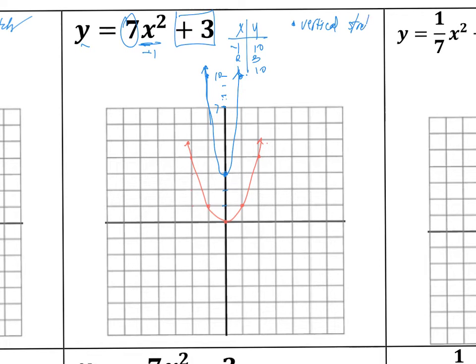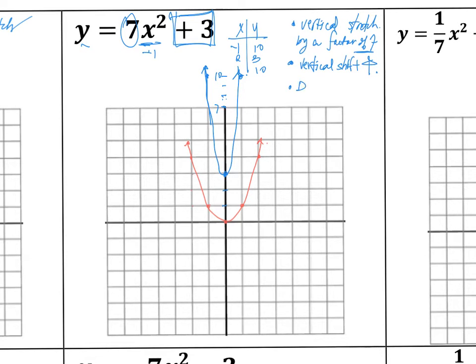And let's be a little bit more detailed here. There's a vertical stretch by factor of 7. So you could write the same thing for the first one, this part, and then this plus 3 tells us that there's a vertical shift upwards along the y-axis.